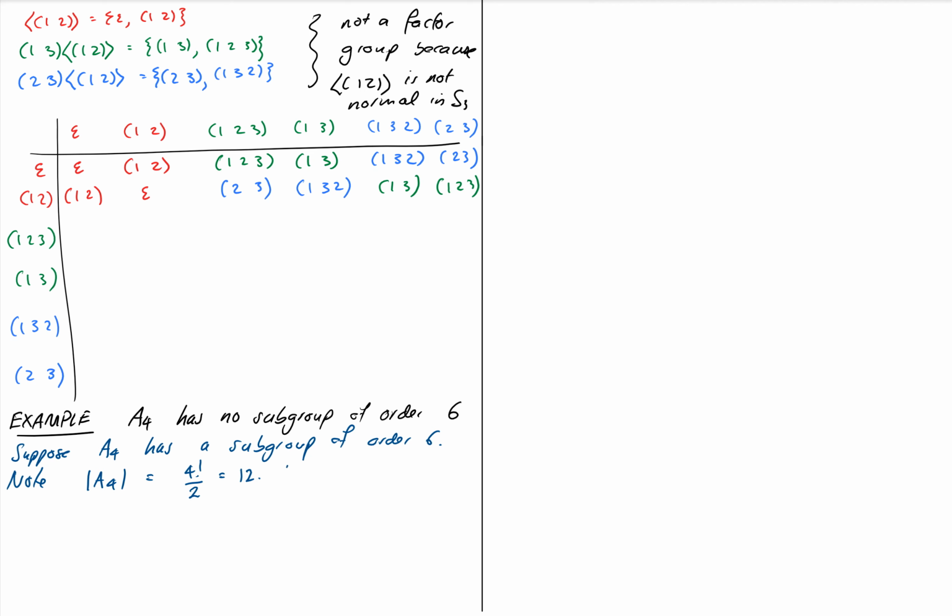So this subgroup would be index 2 because it's half the size of the group, and hence, let's give the subgroup a name, shall we? Let's say subgroup H will be index 2, and hence H would have to be a normal subgroup of A4 because all index 2 subgroups are normal regardless.